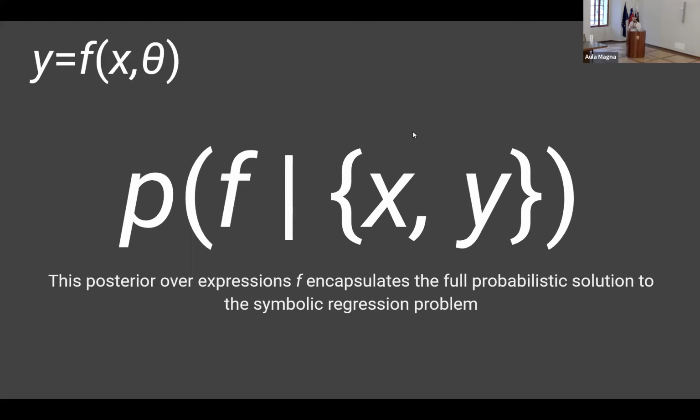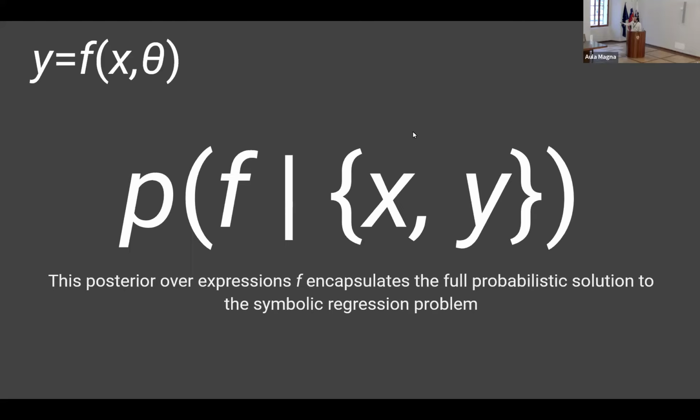If we are able to calculate the probability of f being the correct model given the data, then we've quantified the plausibility of the models, and we've solved at least the first condition in the desiderata, okay? This is called the posterior of our expressions, the probability of our models given the data.